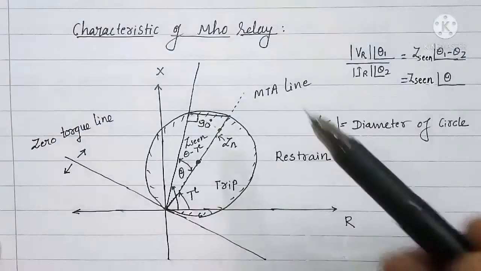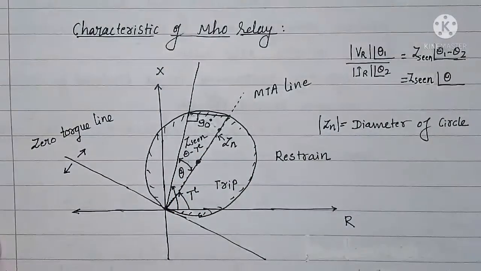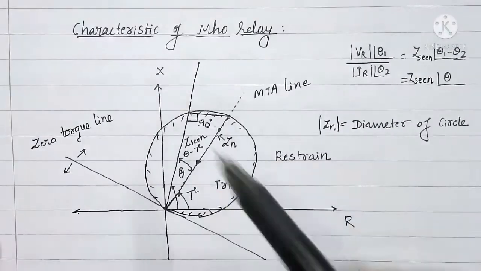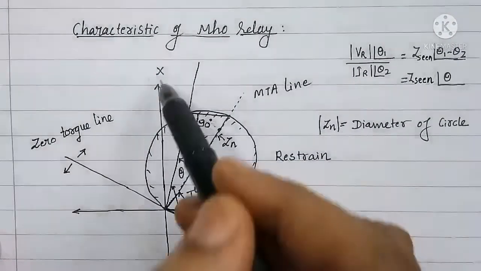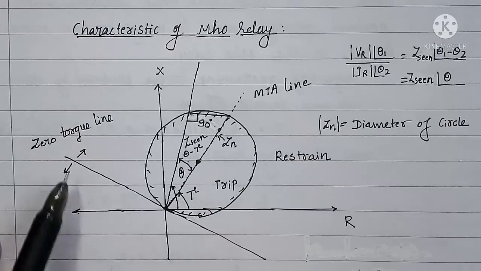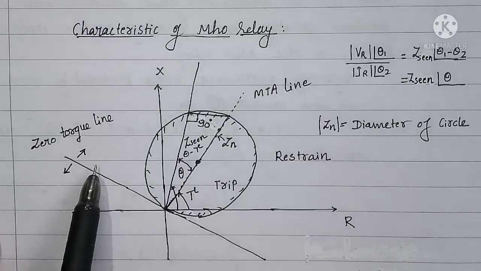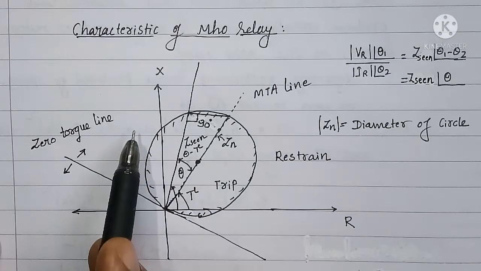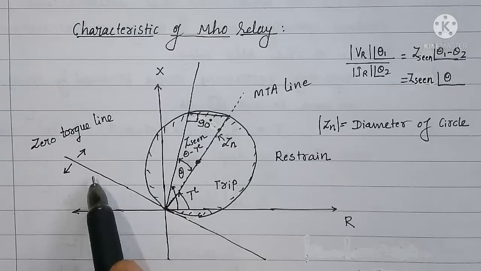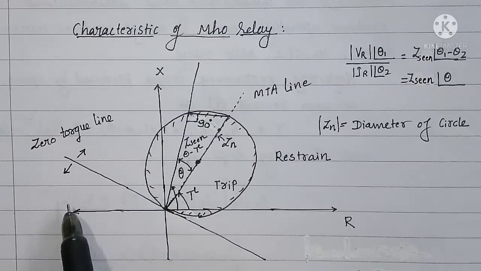Now you can see here characteristic of Mho relay. Here is RX plane and this is zero torque line of directional unit in the Mho relay. Above the zero torque line we are having trip region of directional unit, and below the zero torque line we are having restrain region of directional unit.